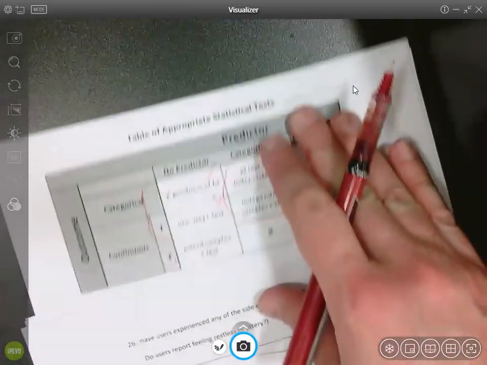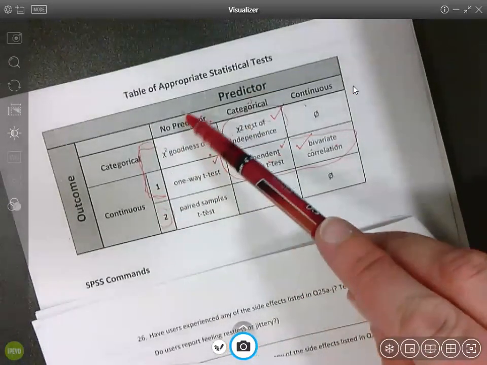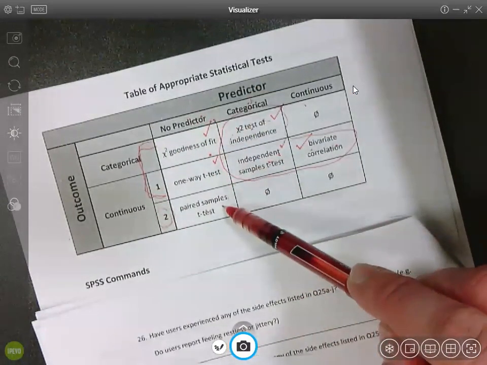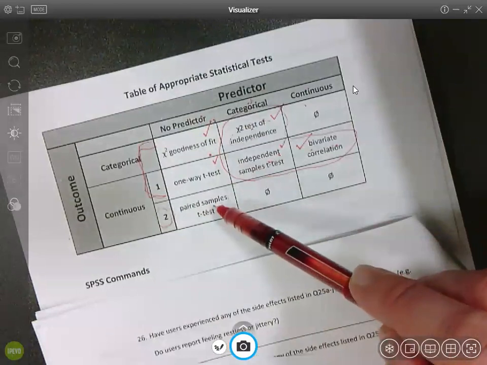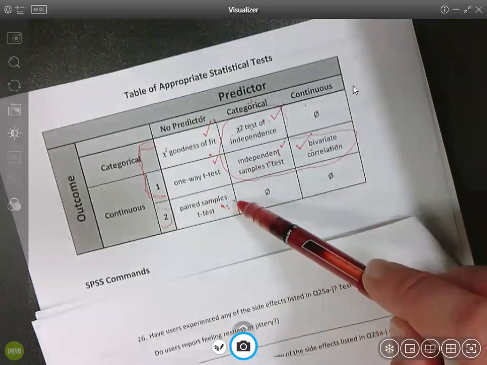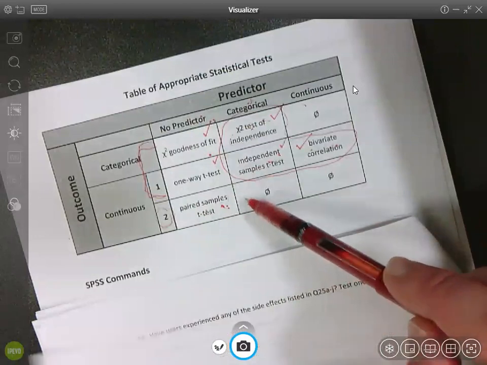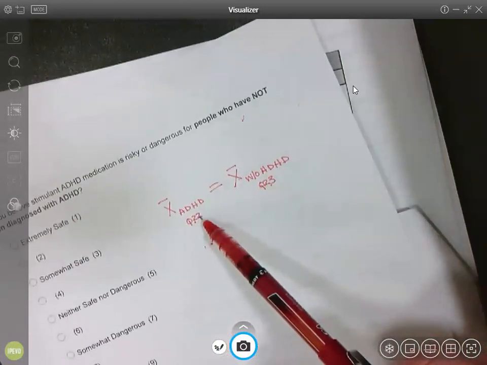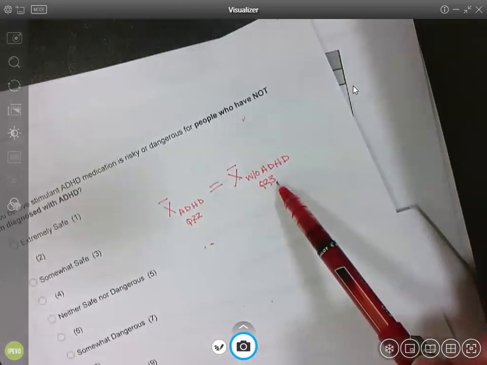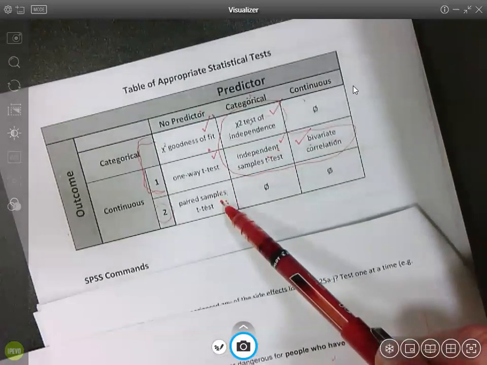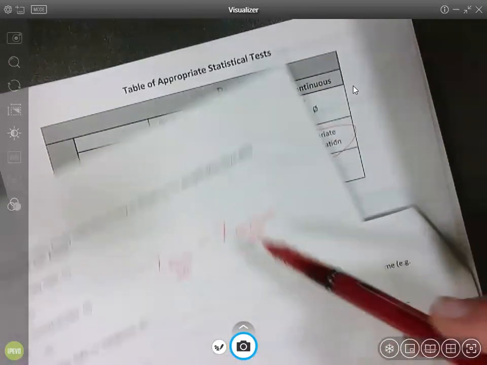We have a test that does this for us. We have no predictor. We have two continuous outcomes. We want to know, is the mean of question 1 equal to the mean of question 2? Or in this case, is the mean of question 22 equal to the mean of question 23? We use a paired samples t-test to do this.